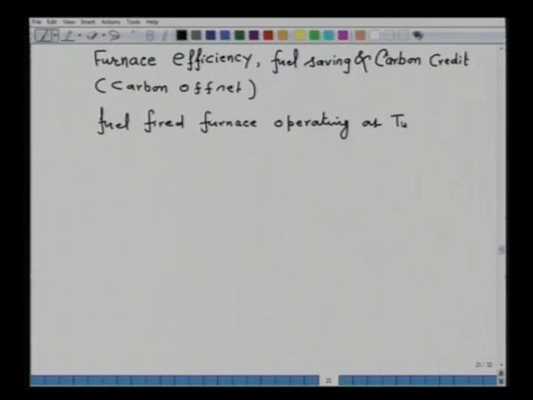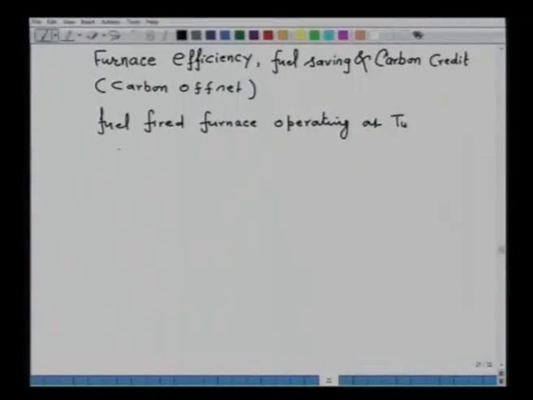We will also consider Tu is the furnace temperature as well as the product temperature, and this temperature is attained by combustion of fossil fuel. As we all know, on combustion, potential energy of the fuel is converted into sensible heat of the products of combustion at adiabatic flame temperature.